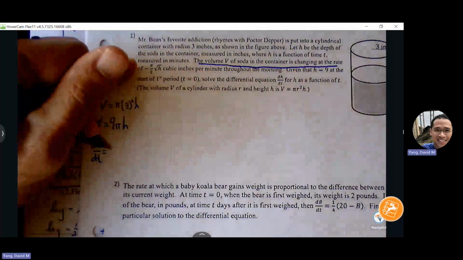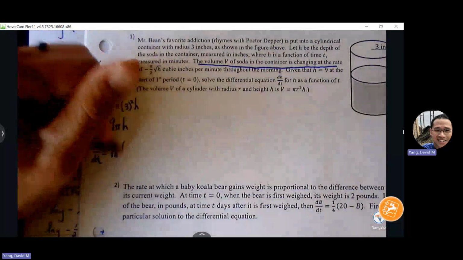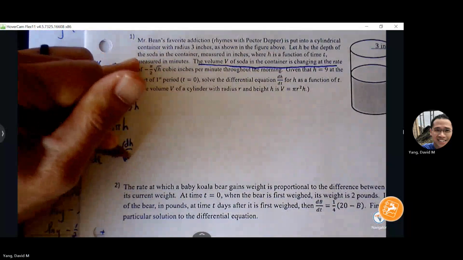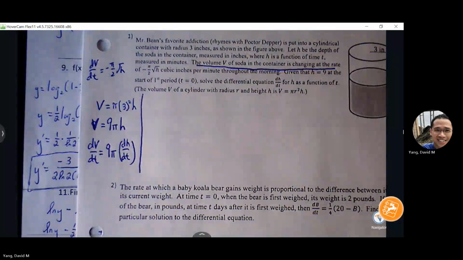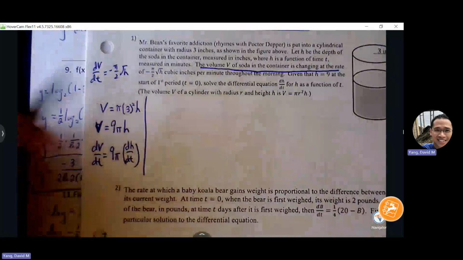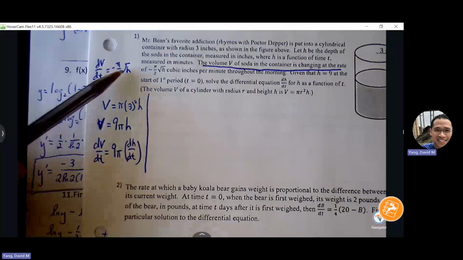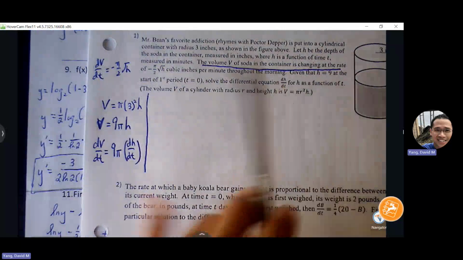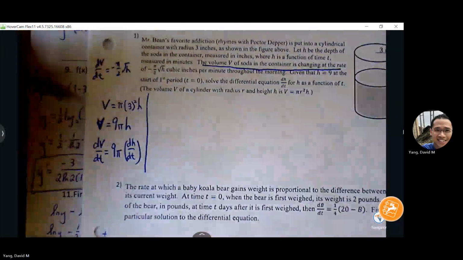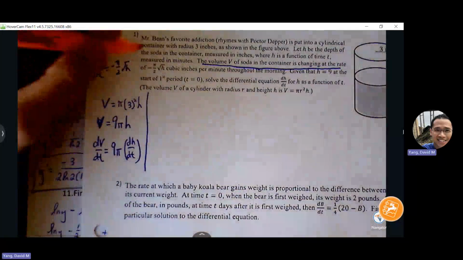Related rates. Okay, so we can set our equations equal to each other here, because now I have everything in terms of h and t, and then we can begin solving the differential equation in terms of h, right? So this is how we get to our differential equation.